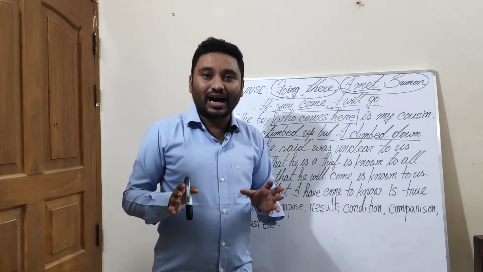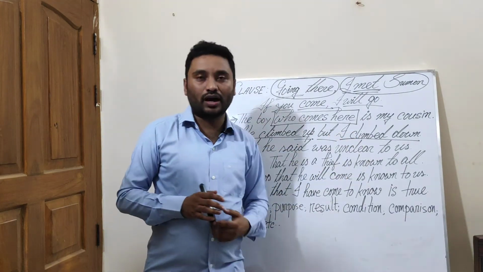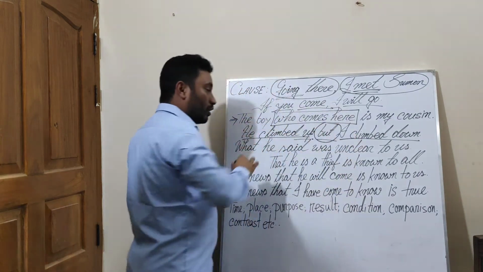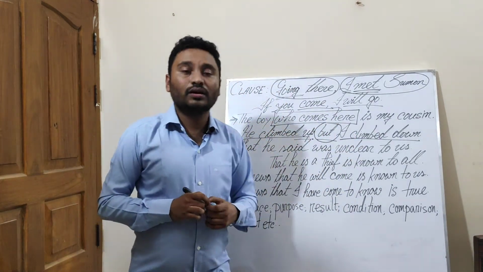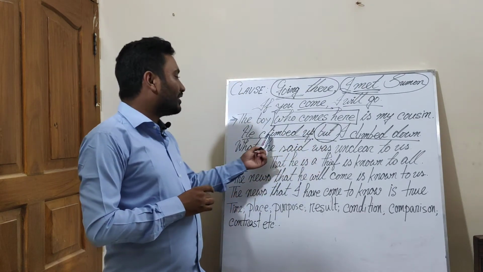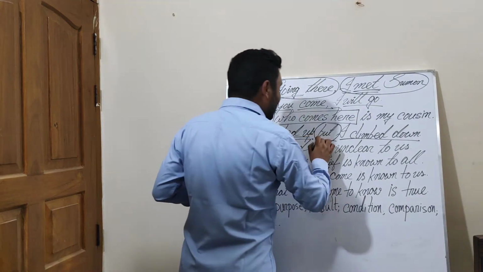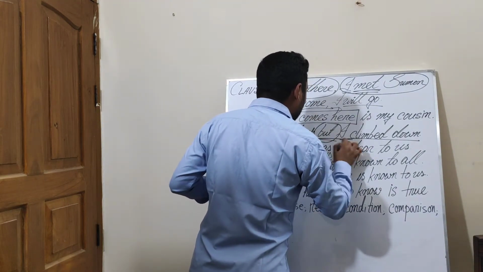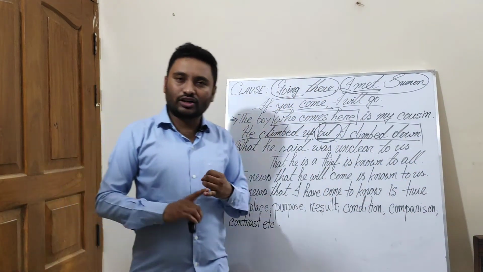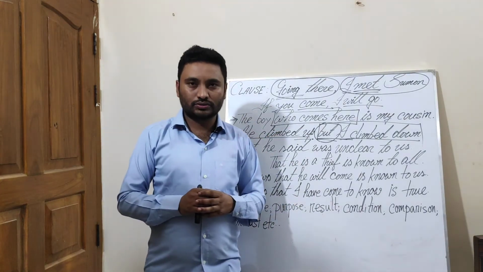Both of the clauses are principal clauses, like he climbed up, I climbed down, and I linked the two clauses with the conjunction. Here it is a coordinate conjunction and it has linked two clauses. Both are principal clauses, and the clause that is used with a coordinate conjunction is called a coordinate clause. So we know about subordinate clause, principal clause, and coordinate clause.